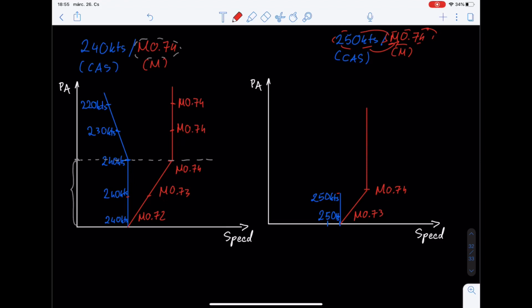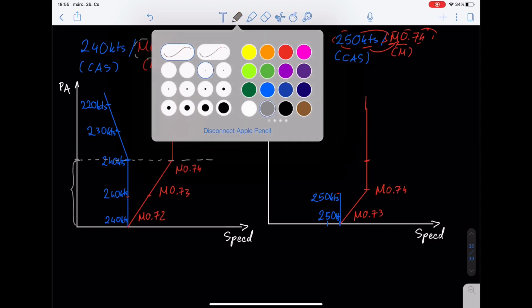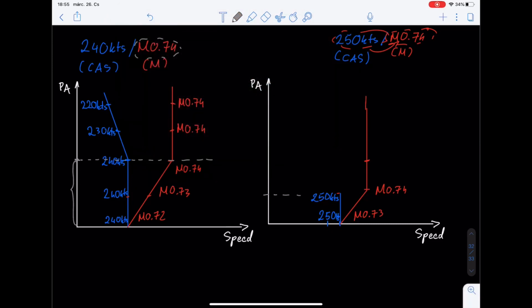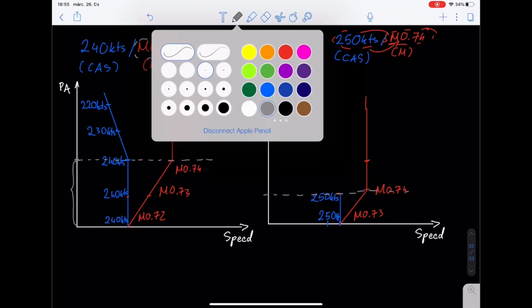So therefore I continue to climb, and I change over to maintaining a constant Mach number.